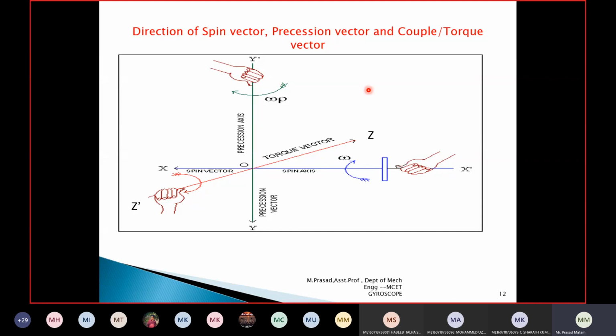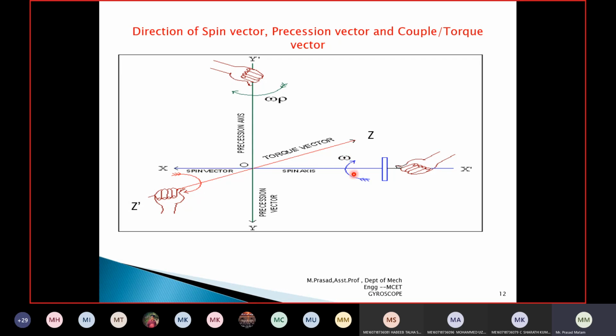Now let us discuss the direction of the spin vector, precession vector, and couple or torque vector. You can see here three axes have been drawn. This is x dash, y dash, and z dash. This is the position of the disk. When the disk is rotating here, you can see how the disk is rotating.